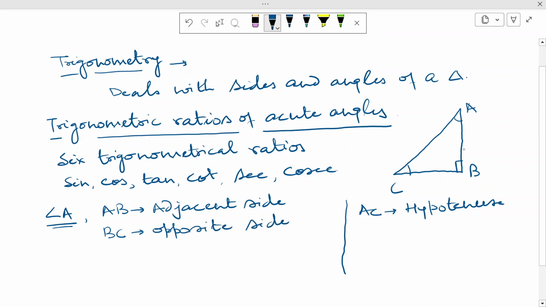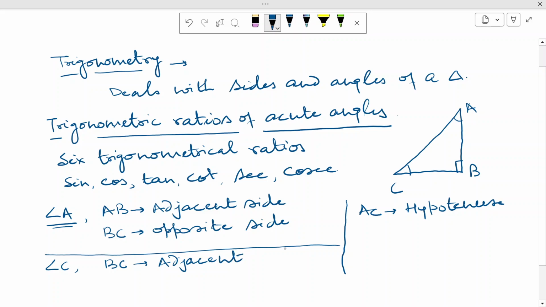So, if you look at angle A, you can see that BC is the opposite side to angle A. Similarly, when you talk about angle C, not angle B, because we are discussing the acute angle, for this angle C, BC is the adjacent side.